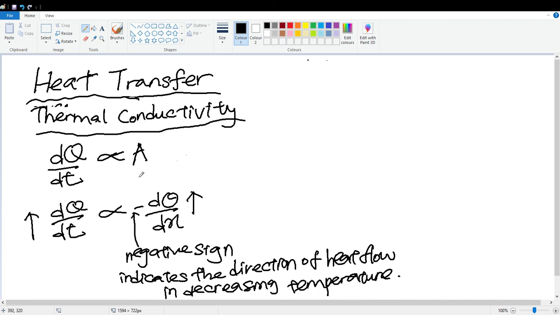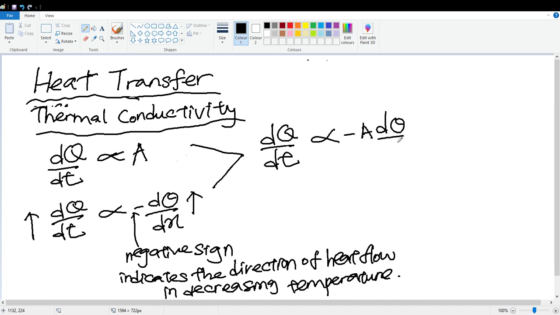From these two pieces of information, we can combine them into one relation. dQ over dt is directly proportional to negative A d theta over dx. This is the relation.